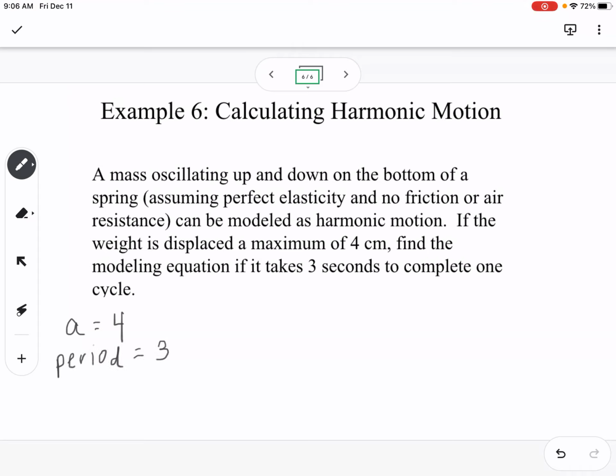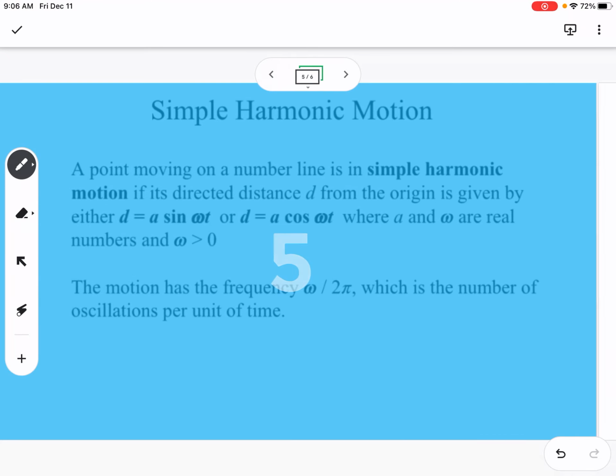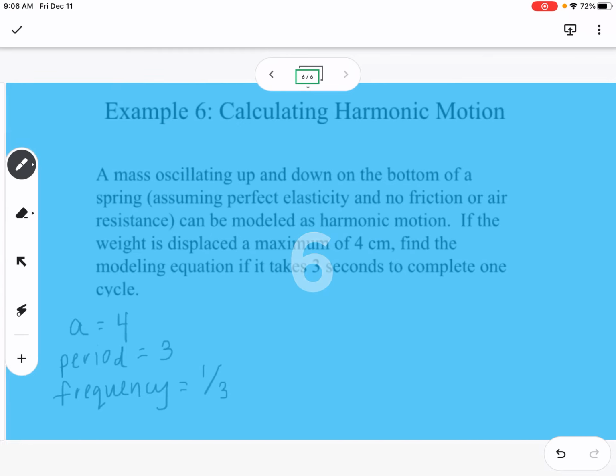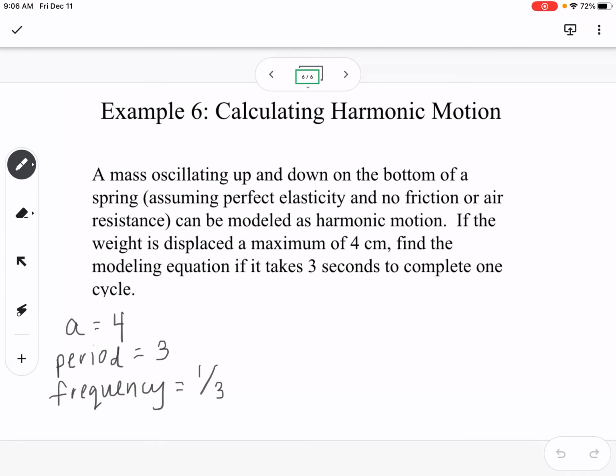So that tells us that the frequency, remember, is the reciprocal of the period, so it would be 1/3. From the previous slide, we know that the frequency is omega over 2 pi. In order to find out what omega is, omega over 2 pi is equal to 1/3.